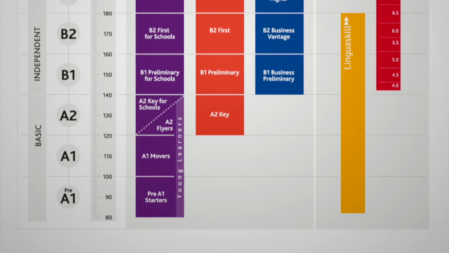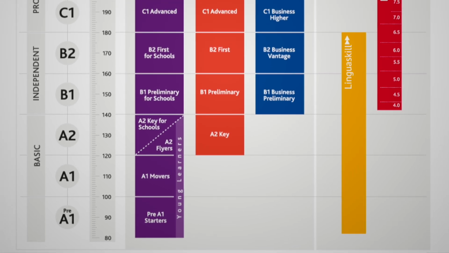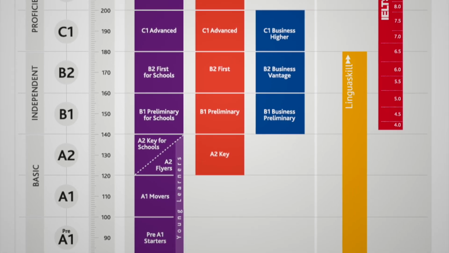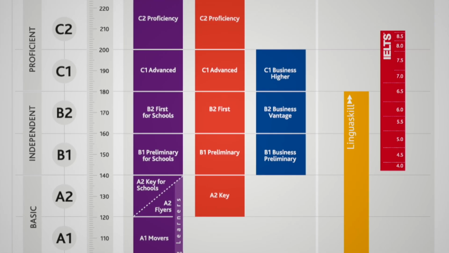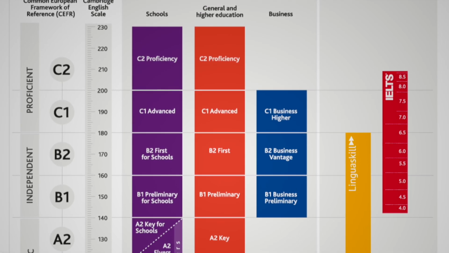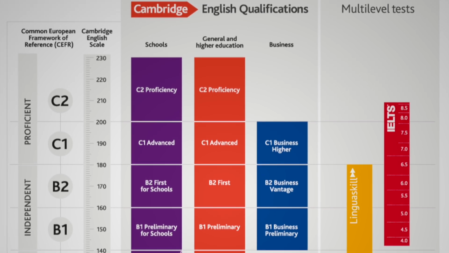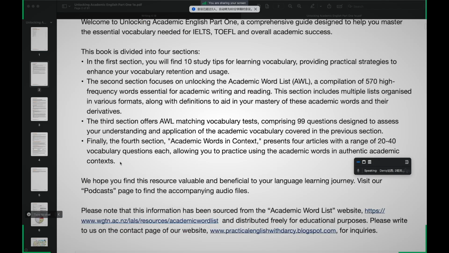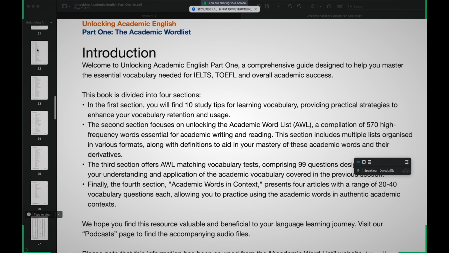So the academic word list is kind of like, there are many word lists. There's the general service list. There's the Oxford 5000. There's the Cambridge word list, the A1 to C4, right? So this is just one kind of word list, and it's got 570 words in it.